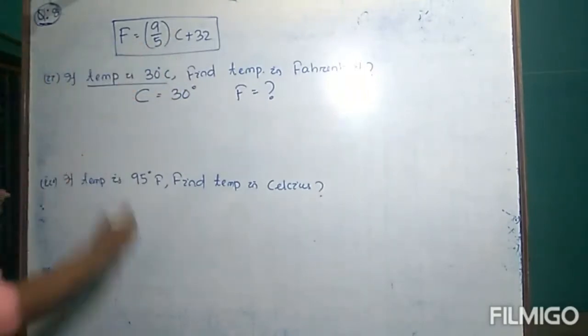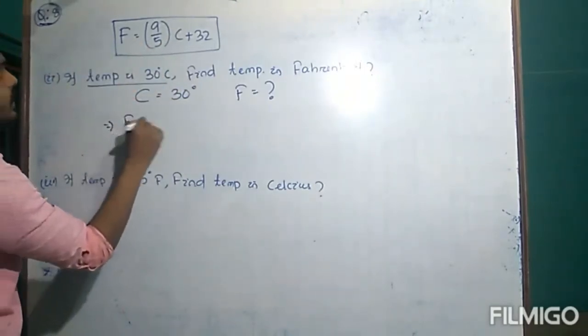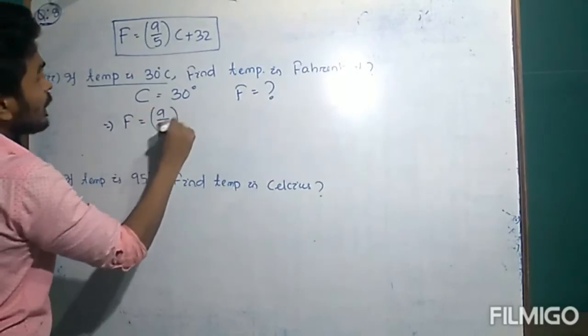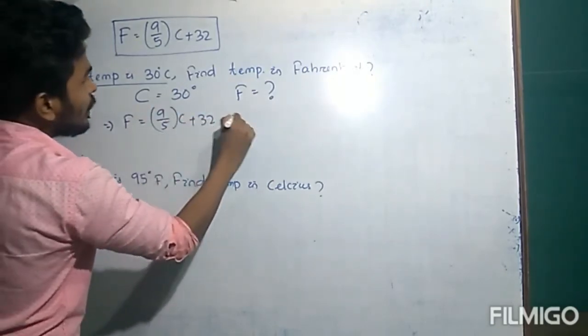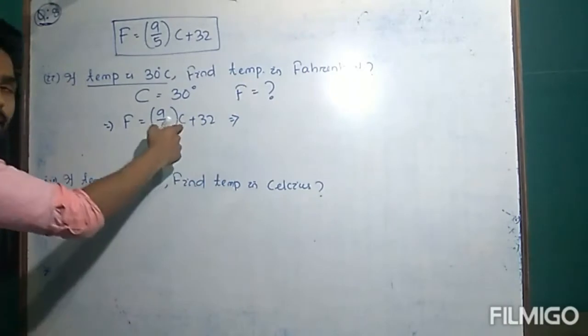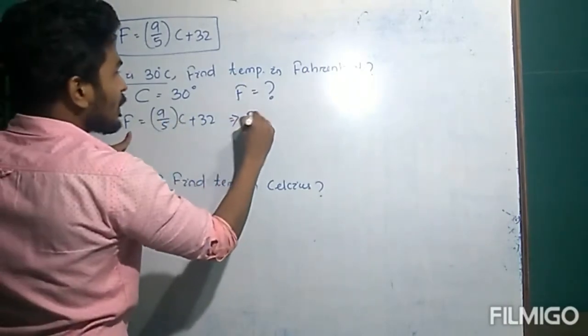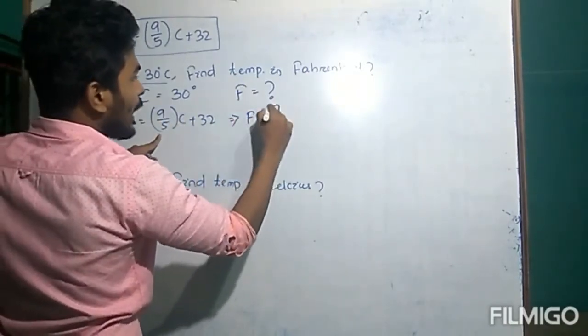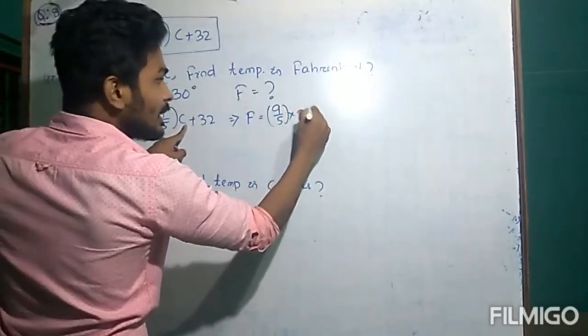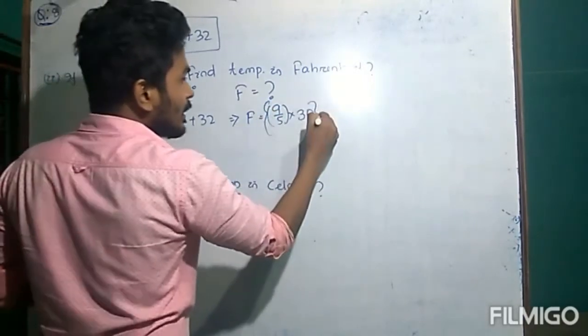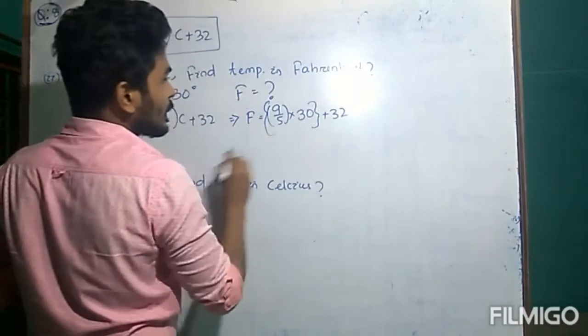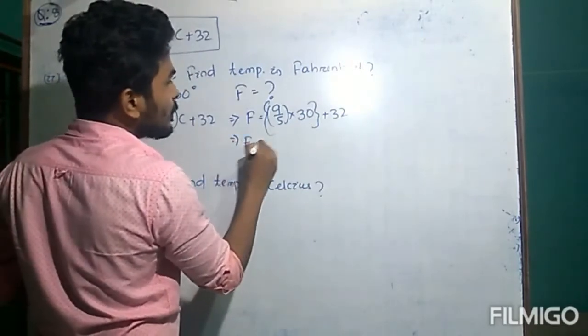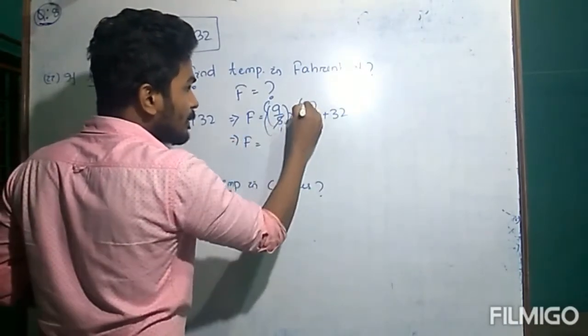So let's substitute. The equation is F is equal to 9 by 5 whole into C plus 32. So we have to use 30 degrees in this equation. The equation becomes F is equal to 9 by 5 whole into 30 plus 32. Now cancel it, 5 into 6 is 30.